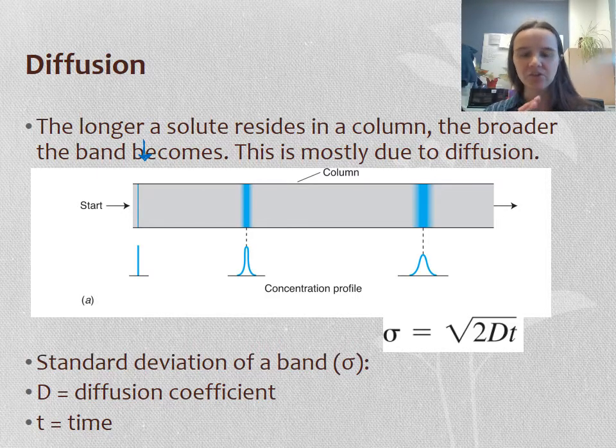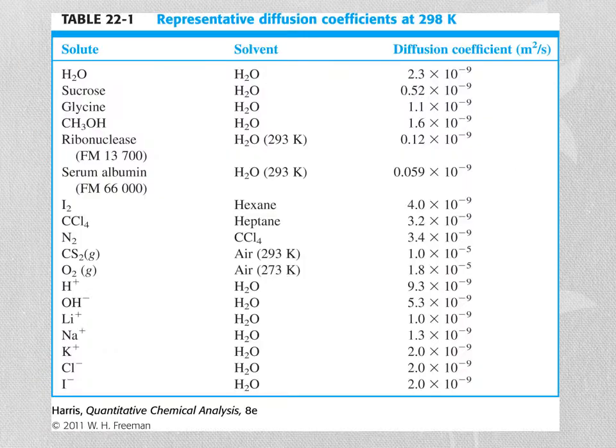The standard deviation of the width of that band of analyte, the peak essentially, is equal to the square root of 2 times D, the diffusion coefficient, times time. So you're going to get a wider peak the more time goes on and the larger the diffusion coefficient. The diffusion coefficient, of course, matters. So here are some example diffusion coefficients.